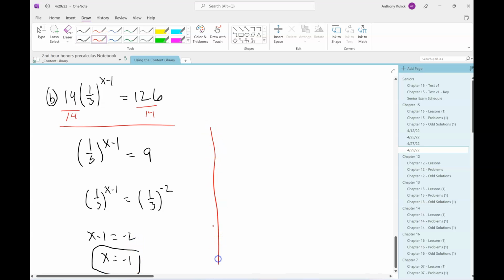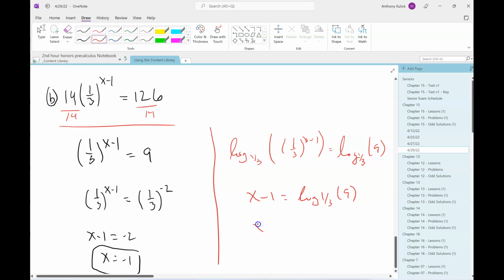What would we do alternatively? I could do log base 1/3 of both sides. And if I go to my calculator, I get the same -2.